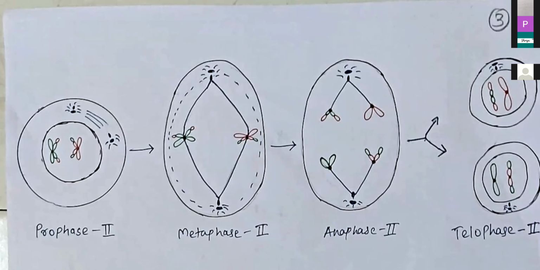Prophase 2: chromosomal condensation, nucleolus disappearance, nuclear membrane disintegration, spindle formation progresses.